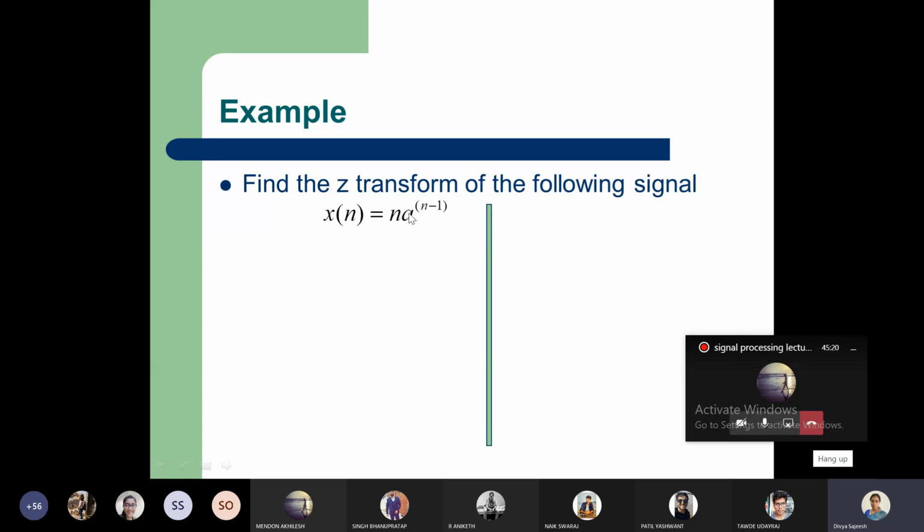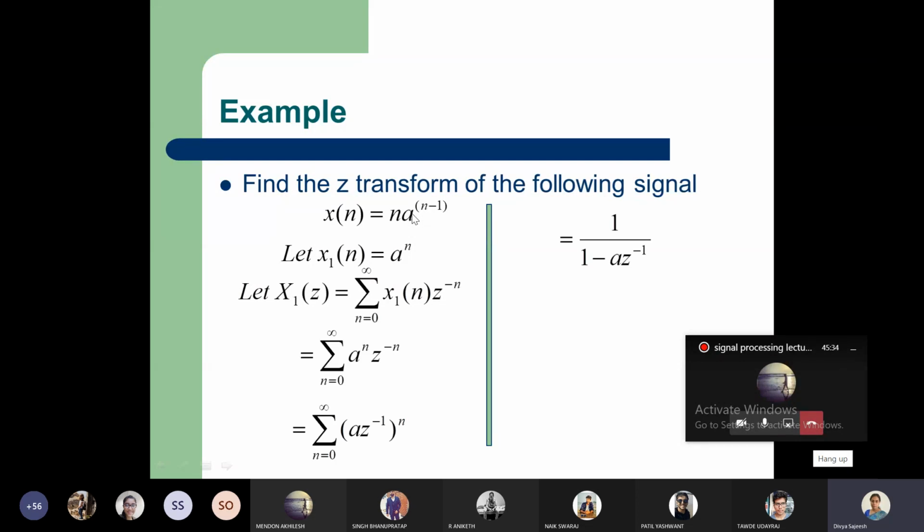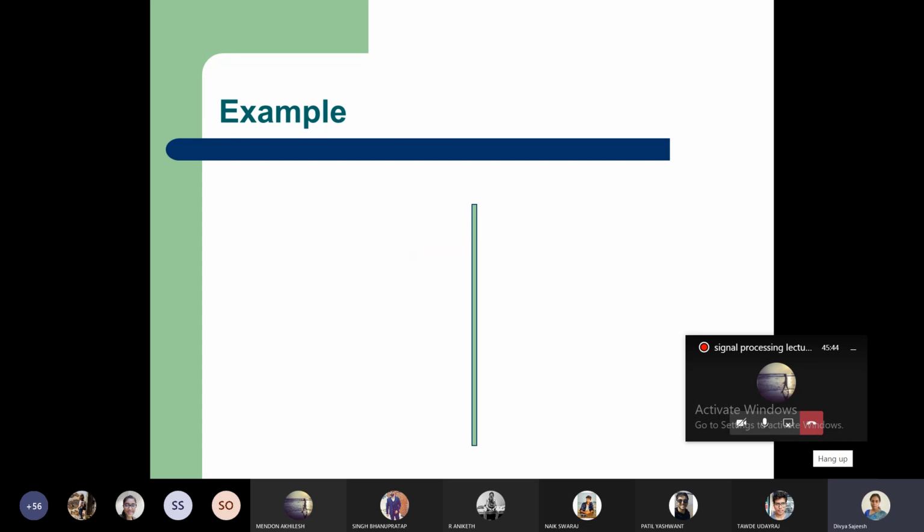So first, without shifting, let us take the signal as a raised to n. So considering x1 of n as a raised to n, applying the z transform, we got it as z upon z minus a. So x of z is z upon z minus a. Now I'll shift the signal by 1 unit.